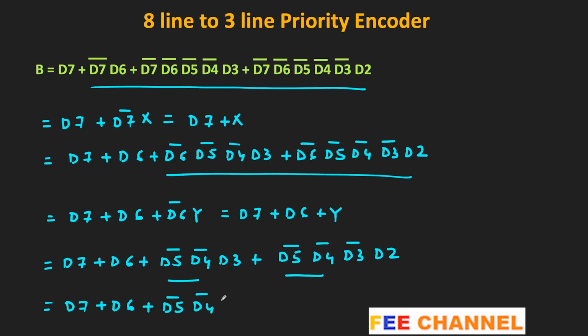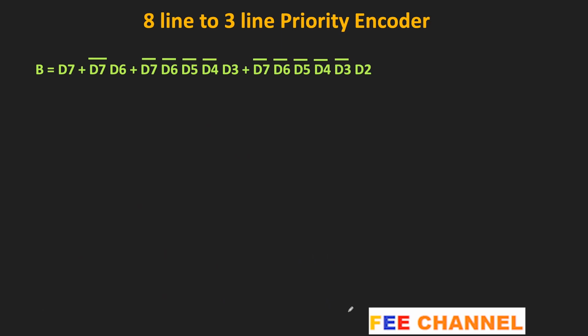So this is the logical expression of the output C. Once again, let's try to simplify it. As you can see, in the last three terms this D7 invert is common. So let us take it outside, and as we have seen earlier, as per the distributive law this D7 invert will get eliminated.